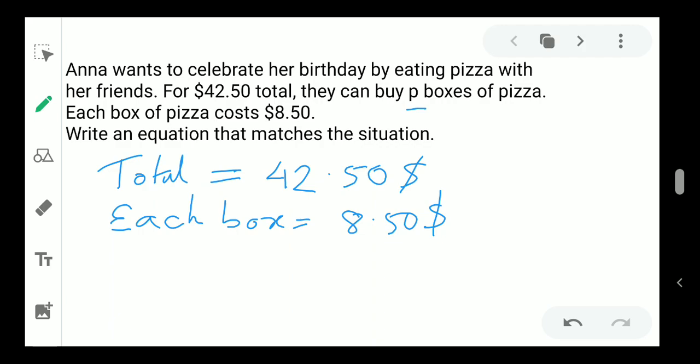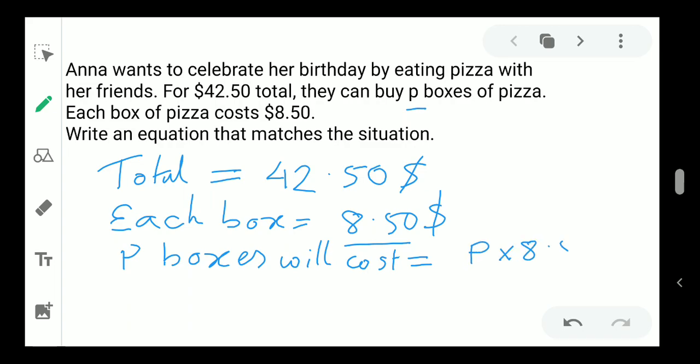So if one box costs that much, p boxes will cost p into 8.50, right?